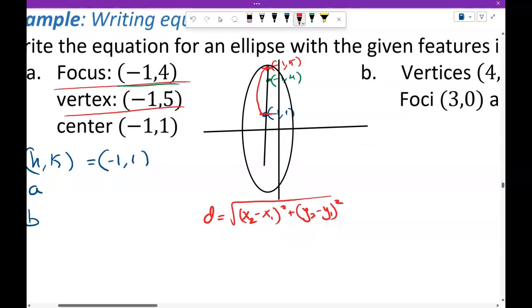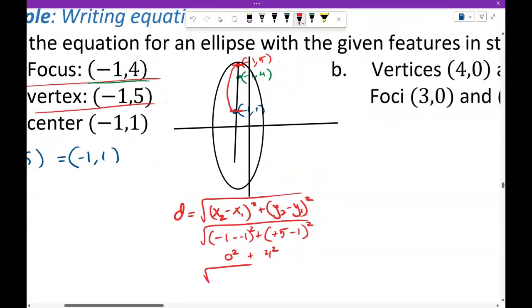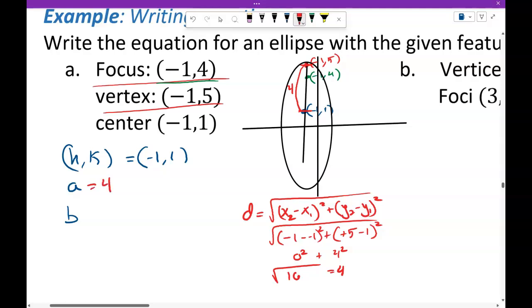So if one of our points is at -1, 5 for the x and y value, and then we go ahead and subtract the other point, it's -1 and -1 for the y values, then we end up with 0 squared plus, it's a positive 5, plus 4 squared. So we get the square root of 16, which is 4, which verifies that distance. So our a value is 4.